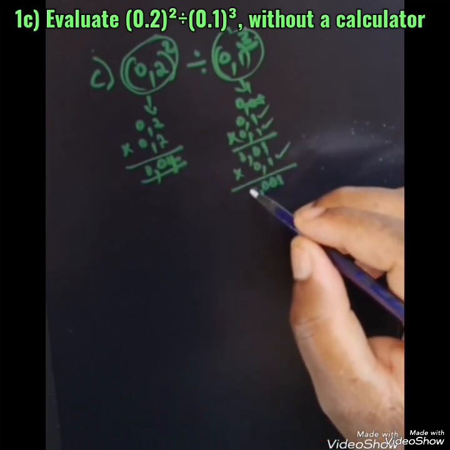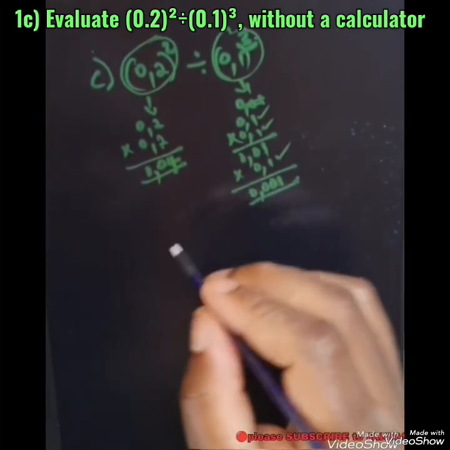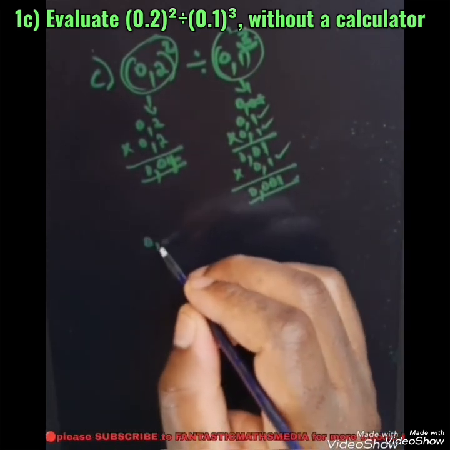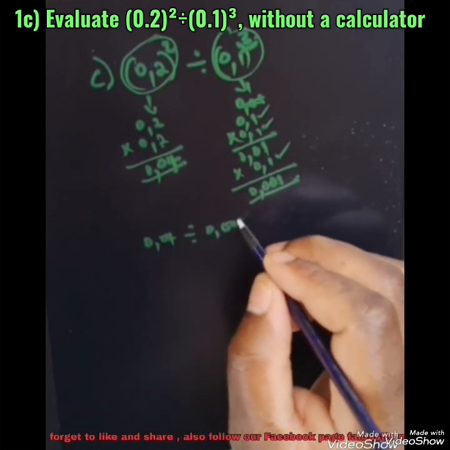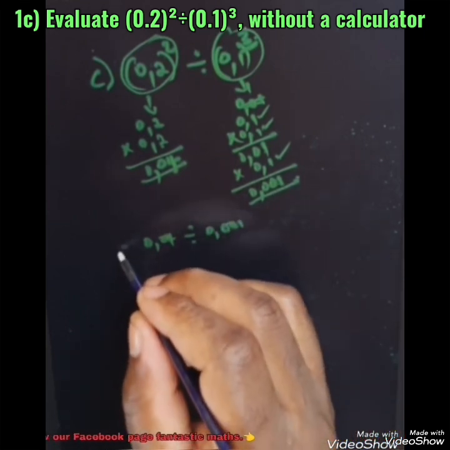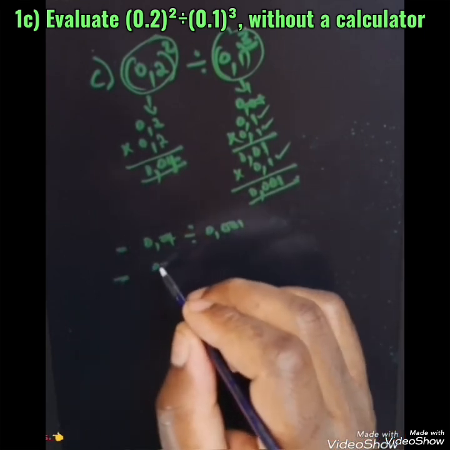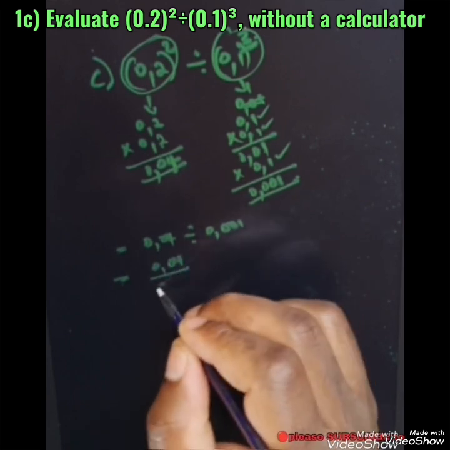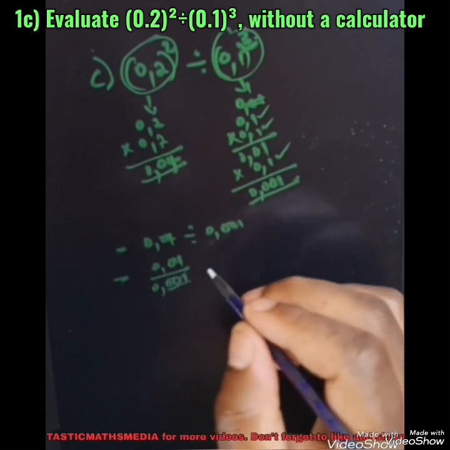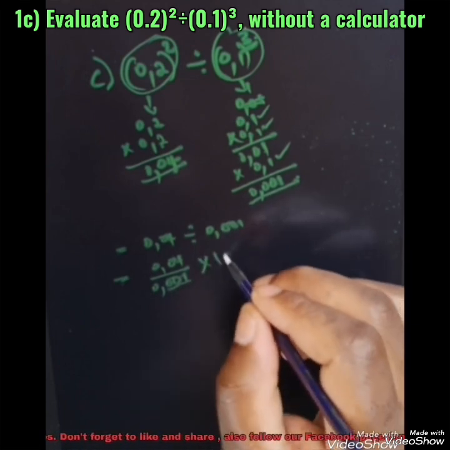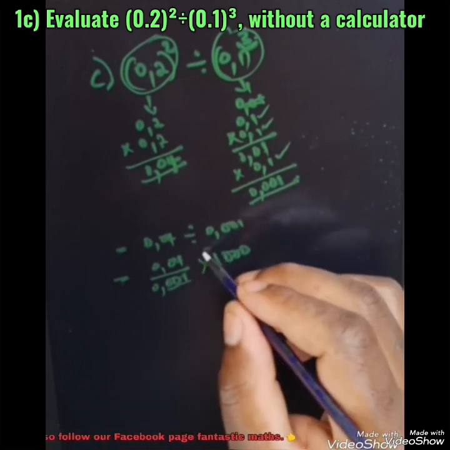The decimal places are 3, so 0.001 is our final answer. Let's write this as 0.04 over 0.001. Let's multiply this by 1000 so that we remove the decimal points again.